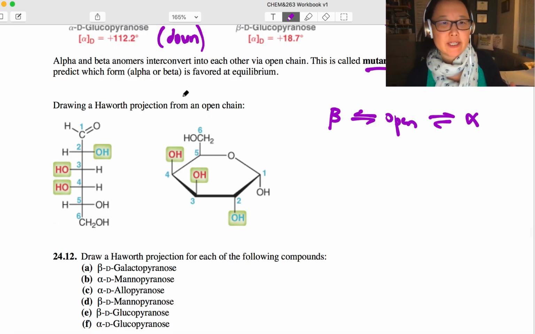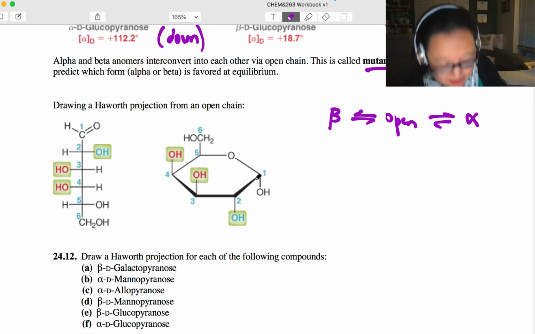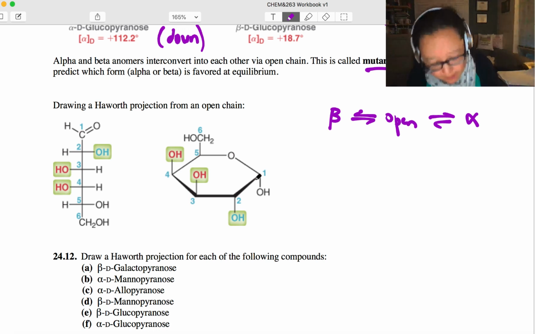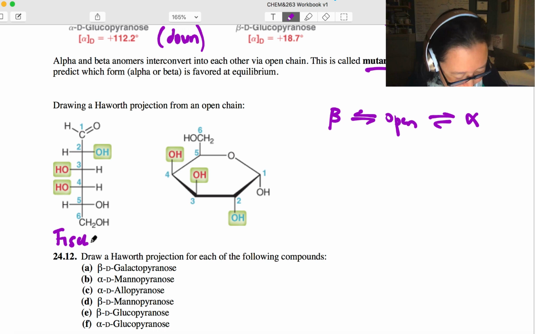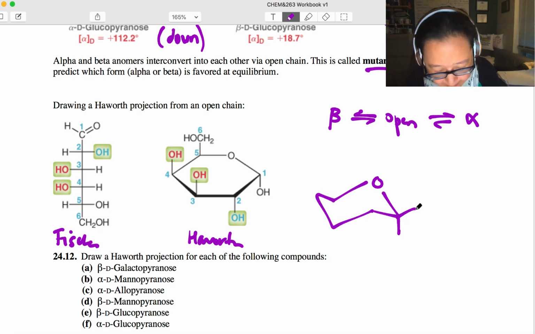Drawing a Haworth projection from an open chain. These are called Haworth projections when we show the ring. And notice what makes a Haworth projection is that you're looking at the ring sideways, so all the groups are either up or down. So we've learned a lot of different forms. We've learned Fischer projections. This is a Haworth projection, and it's sort of like a chair a little bit in that there's groups that are up and down, right?